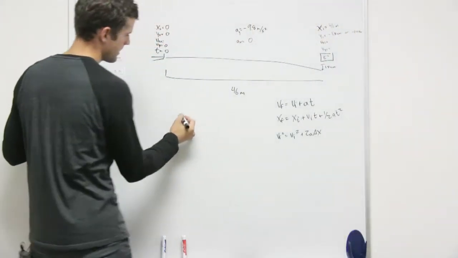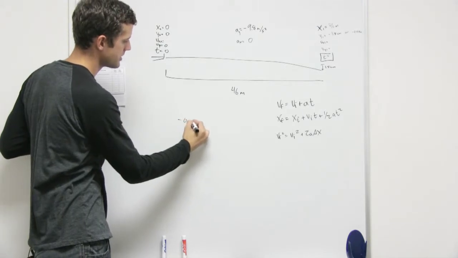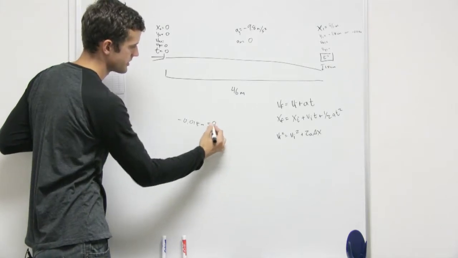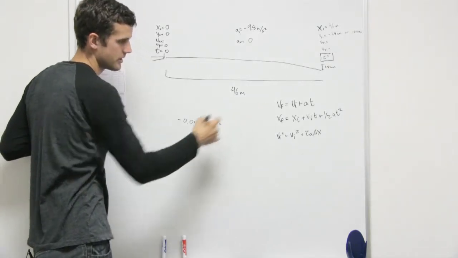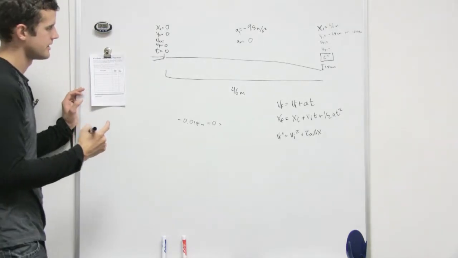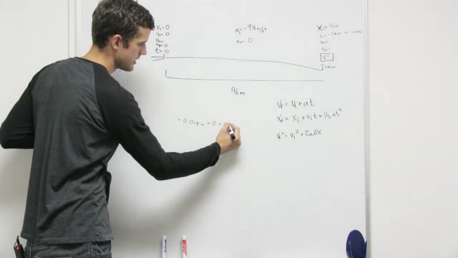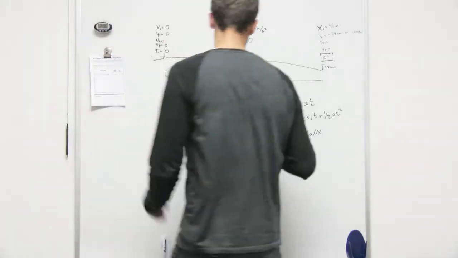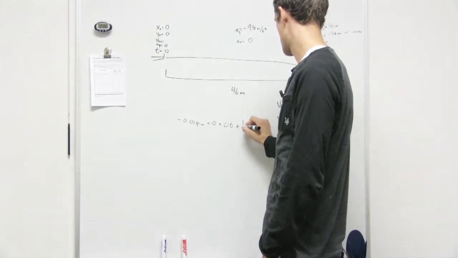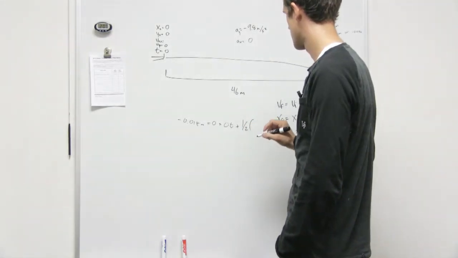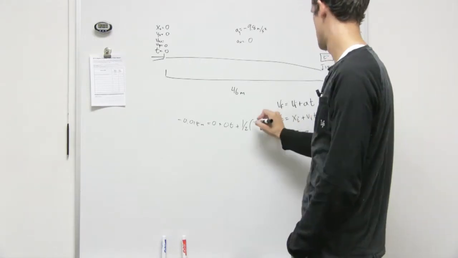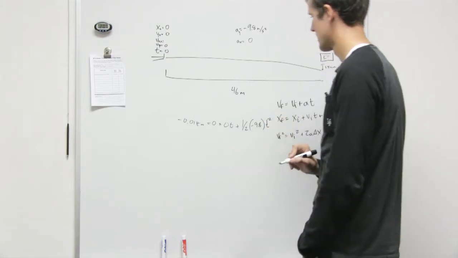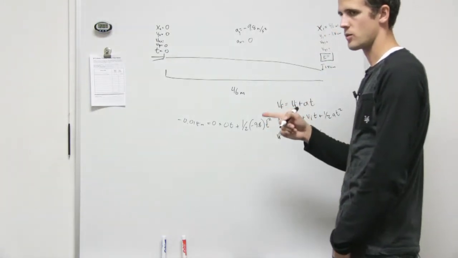Okay, so we can say Y final, negative 0.018 meters, equals Y initial, which is 0, plus what's our initial velocity in Y? Is it just 0? Yep. Times t. And then plus 1/2 our acceleration in Y, negative 9.8 meters per second squared, times t squared. So that's just this equation. We plugged in all our Y values.